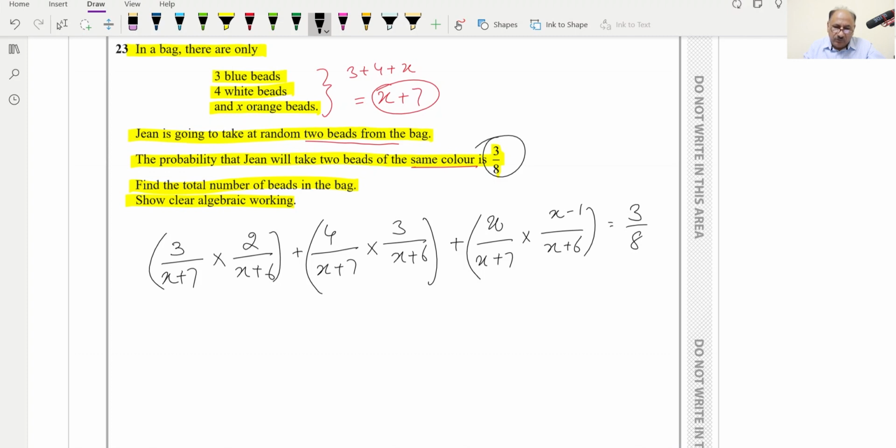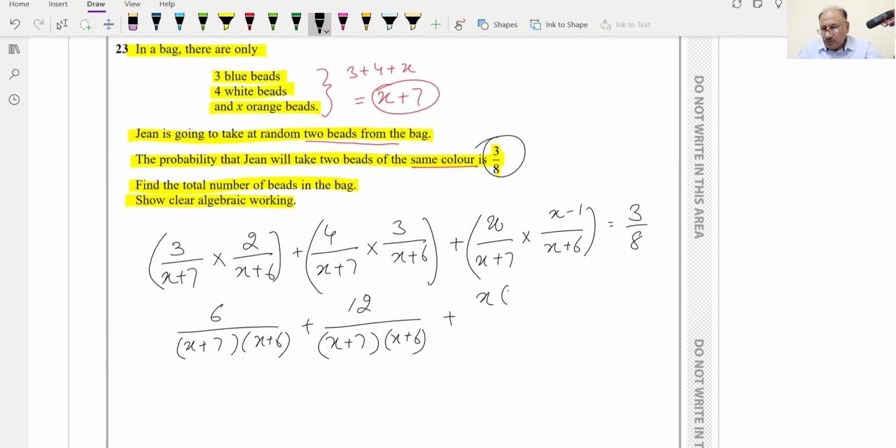So what we will do, we will multiply 3 into 6 over x plus 7 into x plus 6, and similarly plus 12 over x plus 7 into x plus 6, and plus x into x minus 1 over x plus 7 into x plus 6, and this is equal to 3 over 8.